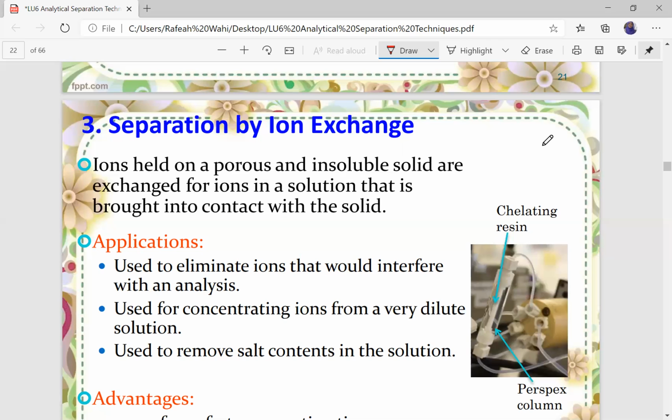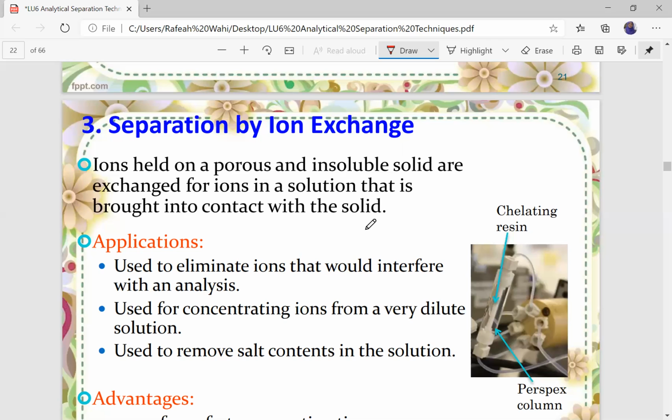As we have learned in experiment 3, I think, on water hardness, calcium and magnesium are the species that contribute to water hardness. So in the water softening process, ion exchange is normally used to exchange the ions, meaning that you collect Ca and Mg from the water and replace them with some other ions which are not harmful to water.